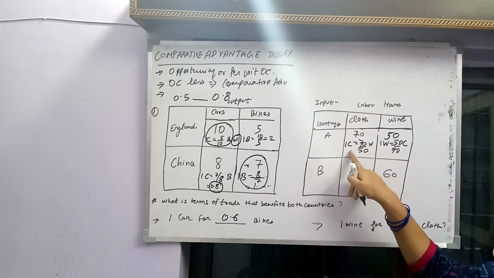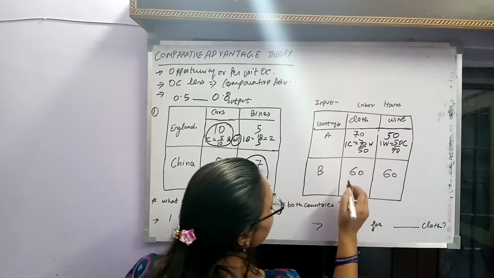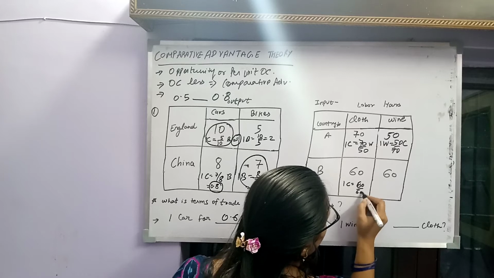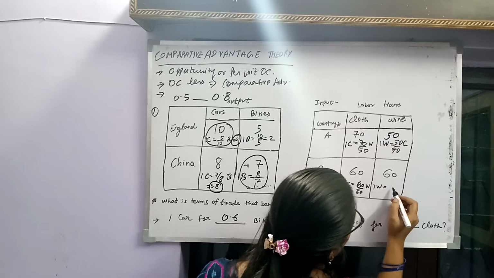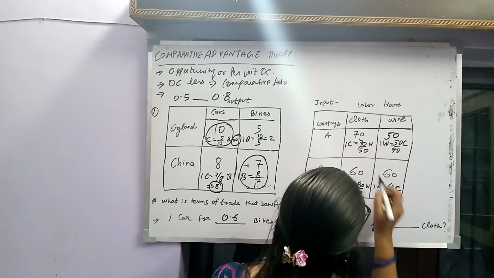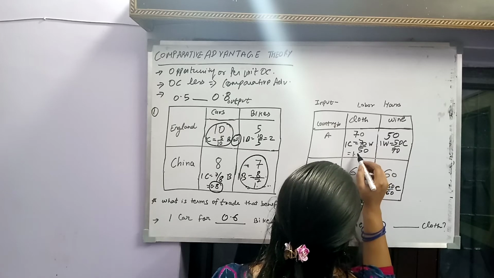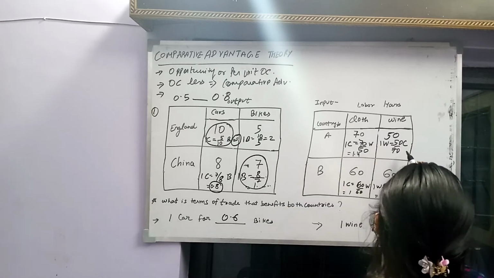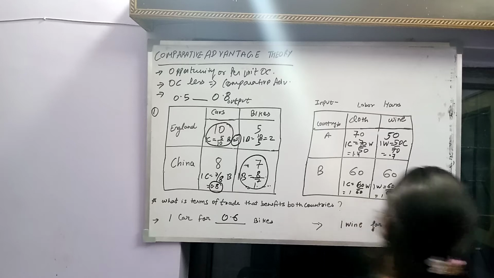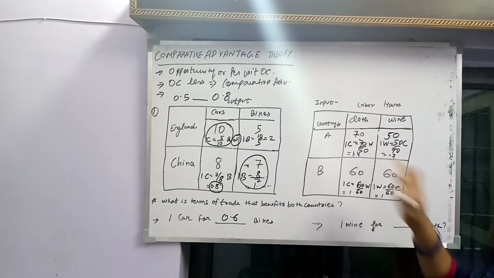So here it is 1.4 for cloth and 0.7 for wine. The only thing that has changed here is the calculation of opportunity cost.